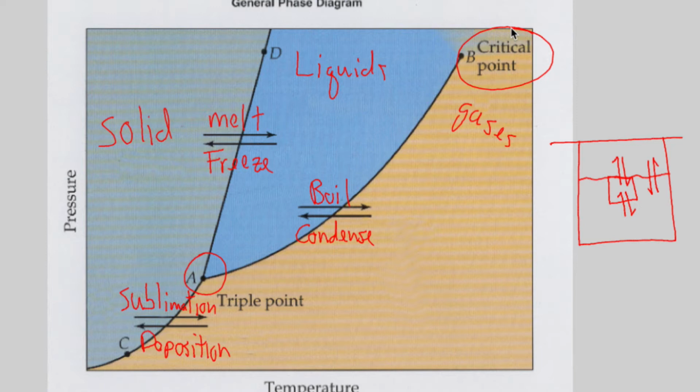But technically, it's the point beyond which it's impossible to condense a gas. This then creates what is called a super, new word, critical fluid.